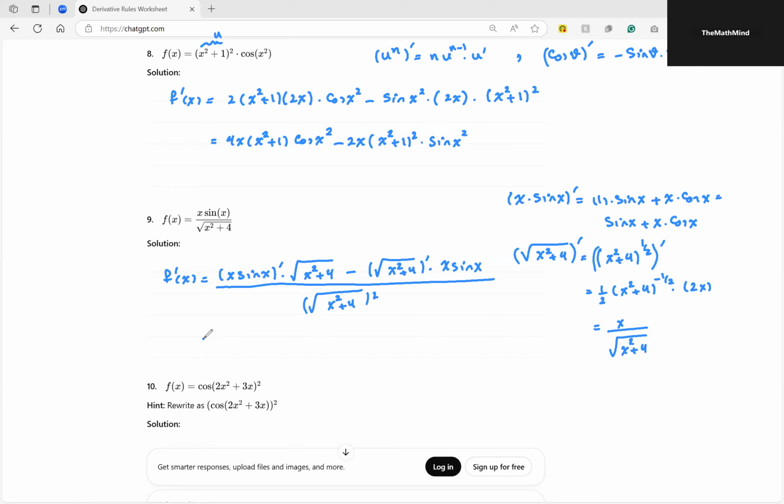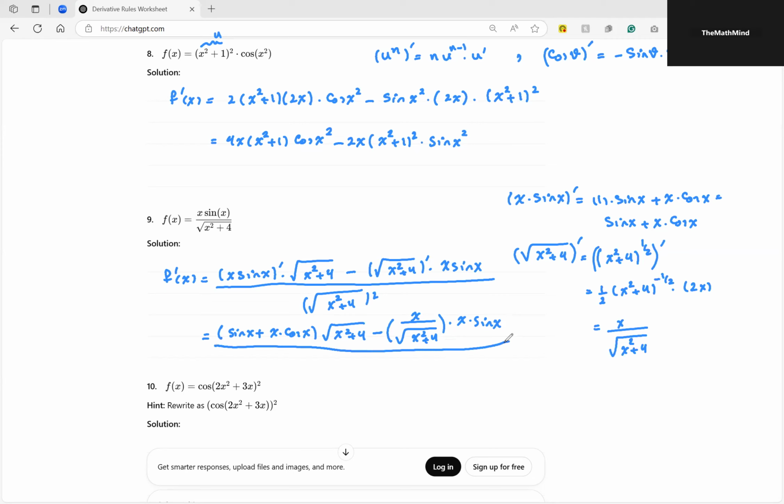Now you can sub in the calculated derivatives into the final answer. So we have (sine x plus x times cosine x) multiplied by root x squared plus 4 minus derivative of the top, which is x over root x squared plus 4, we already calculated, multiplied by x times sine x.